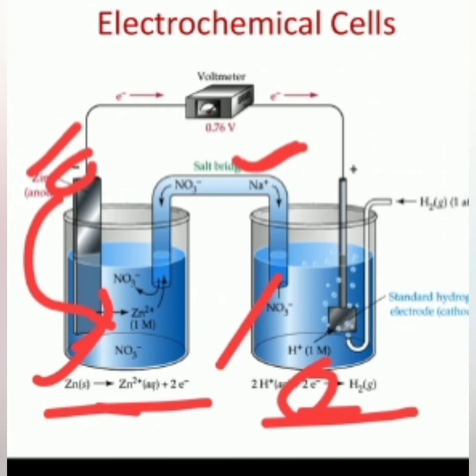Here the cathode is SHE, the standard hydrogen electrode. With the help of this electrochemical cell, we can measure the electrode potential of the zinc electrode, or a half reaction of oxidation.